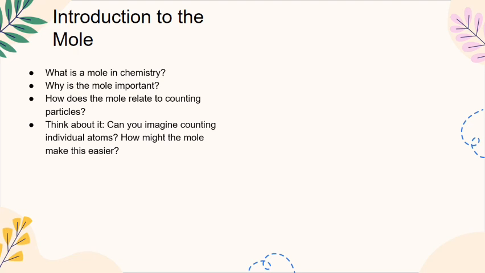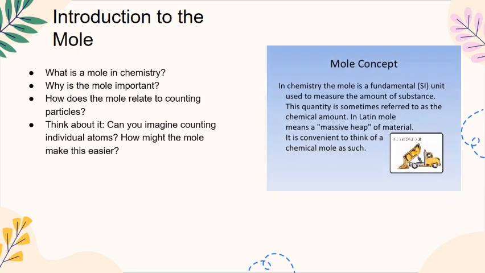And that's what led us to this mole. So we say a mole is a unit of measurement. It's a fundamental unit of measurement that we use in chemistry basically when we are trying to quantify the amount of a chemical substance.